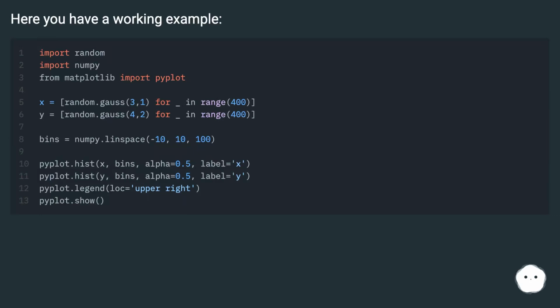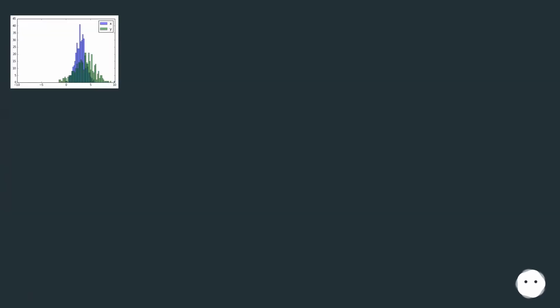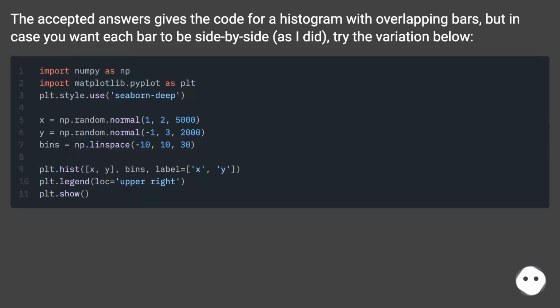Here you have a working example. The accepted answer gives the code for a histogram with overlapping bars, but in case you want each bar to be side by side, as I did, try the variation below.